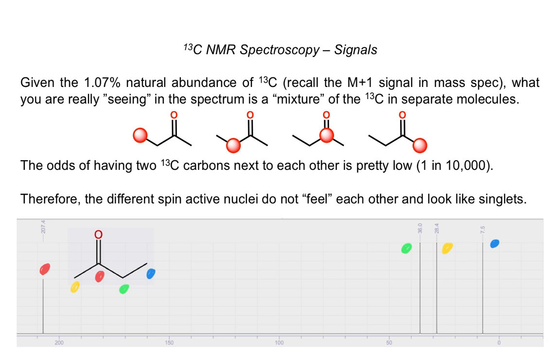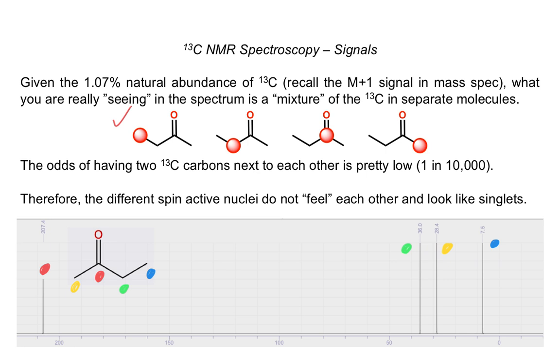So the reason you only see a single line in carbon spectra, really what you're seeing for that ketone, as I've shown up here with the check mark, is that when you see a signal, you're basically seeing a carbon at that specific position.